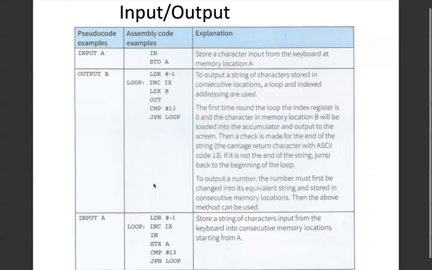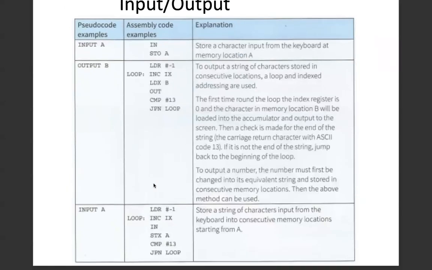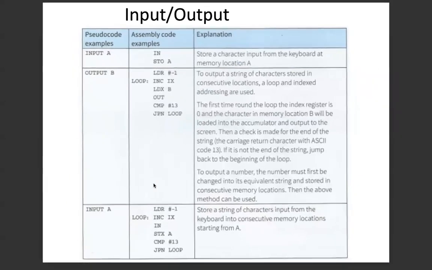Now, another feature that your low-level programming language should be able to accommodate, also taken from high-level languages, is taking an input and output. If I want to give something as an input, if you remember, the IN command only takes the ASCII value.